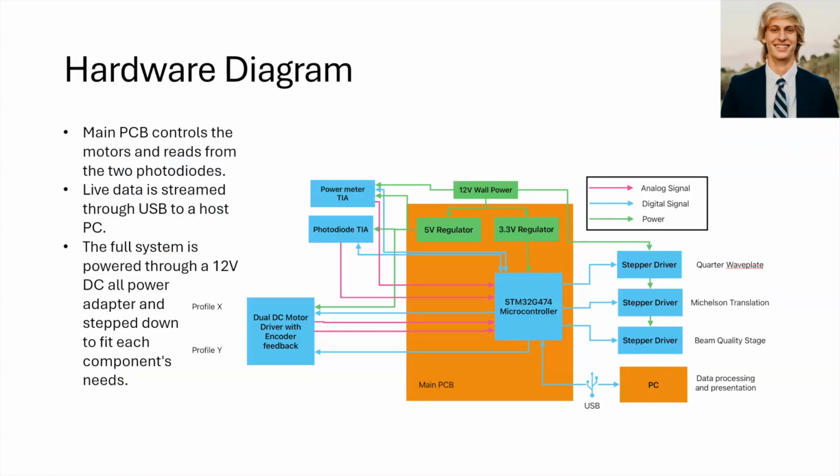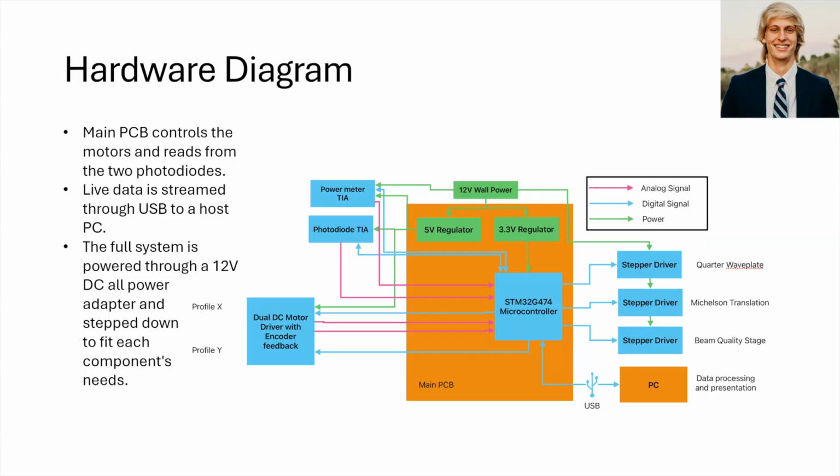The overall hardware design for the system is fairly simple. At the center, we have an STM32G series microcontroller housed on its own PCB board. The power for the whole system comes from a 12-volt DC wall adapter, which is broken out into 5 volts and 3.3 volts. The 5 volts powers the photodiode TIAs, while the 3.3 volts powers the controller.